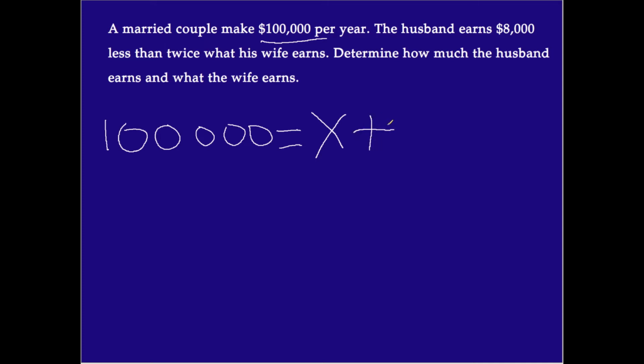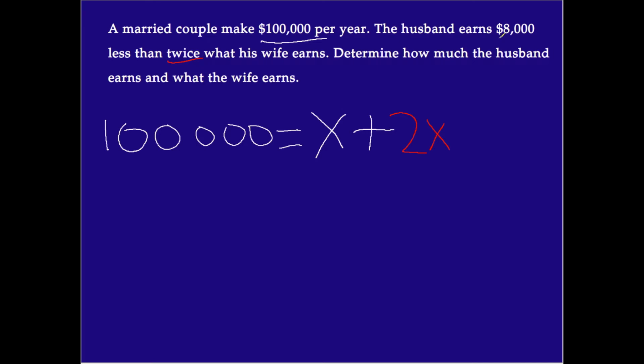Well, let me make sure I can make this clear here. One thing that we do know is that the husband makes $8,000 less than twice what his wife earns. So he makes twice what his wife earns. That means he's going to be 2x, but it's not completely twice because if you look closely, it says 8,000 less.